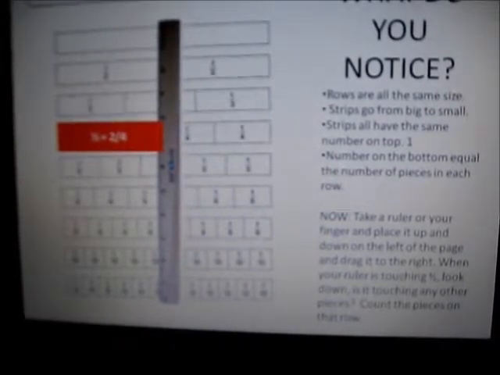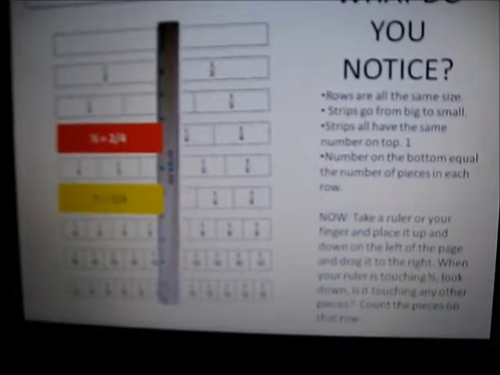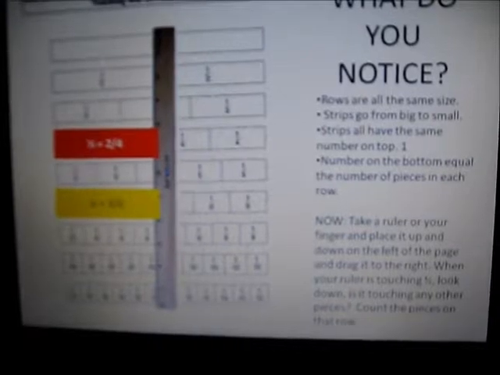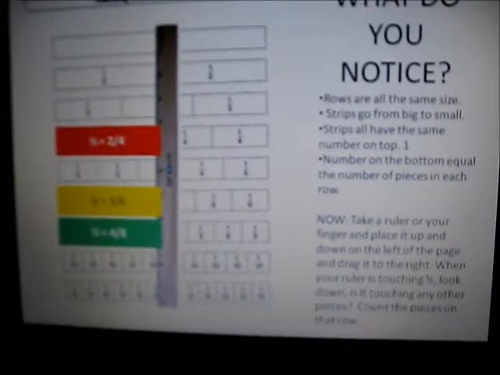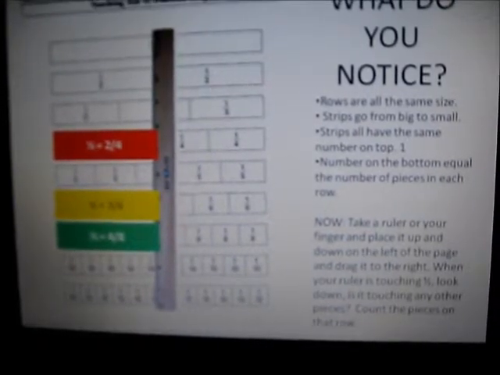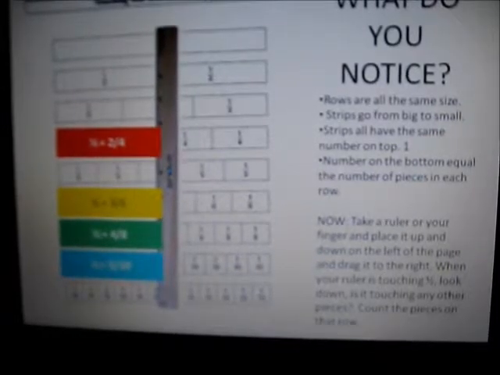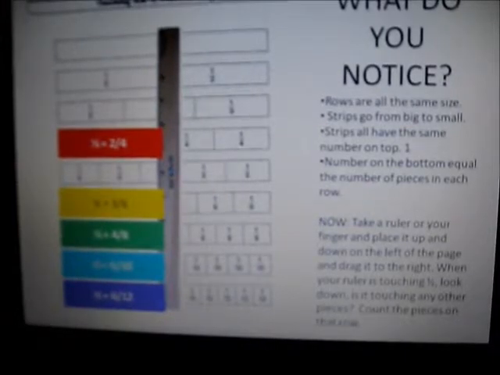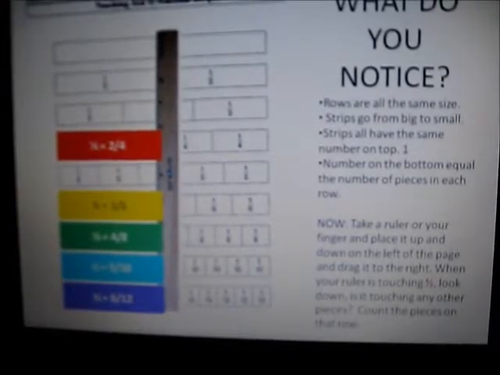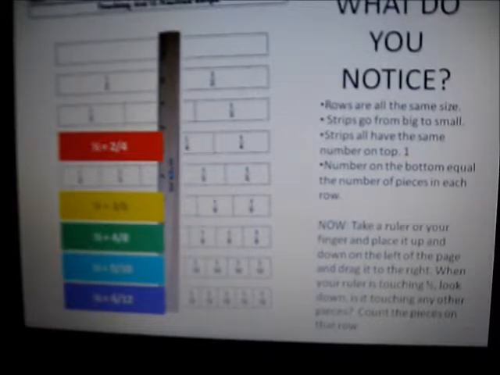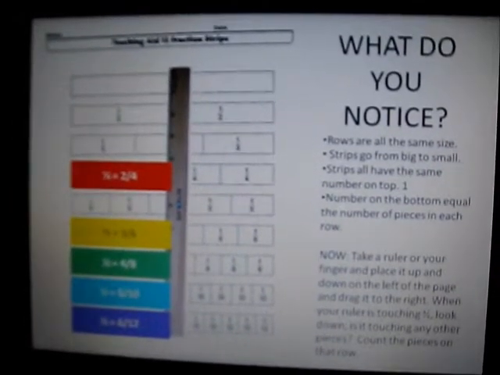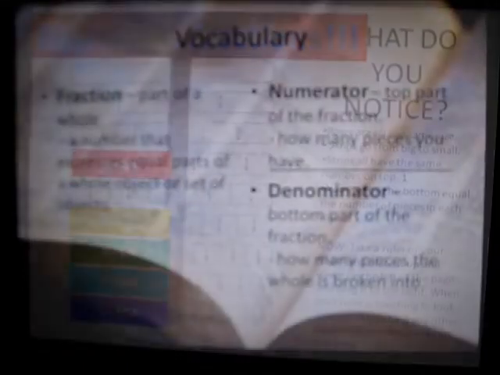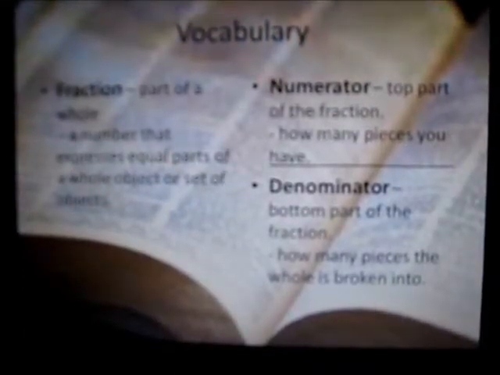One-half is equal to 2/4. 1/2 is equal to 3/6. 1/2 is equal to 4/8. 1/2 is equal to 5/10. And 1/2 is equal to 6/12. This is also known as equivalent fractions.